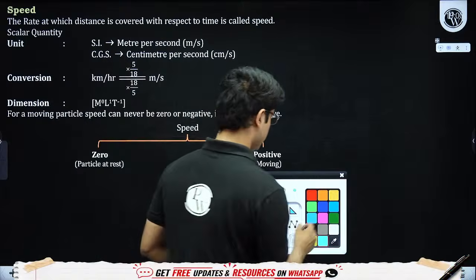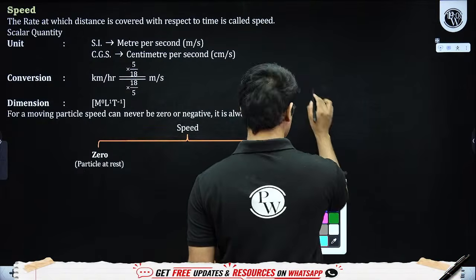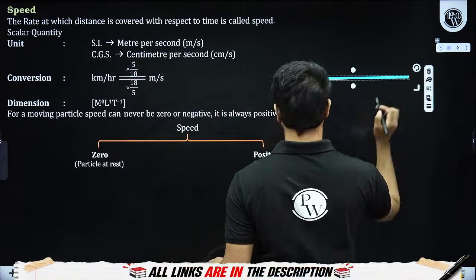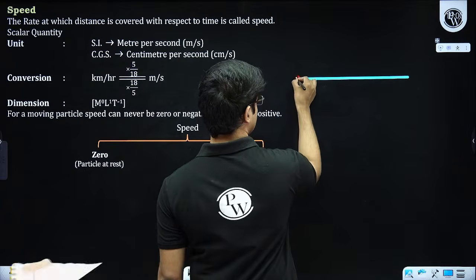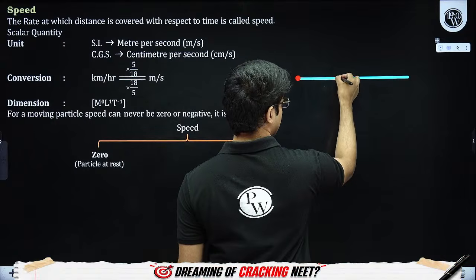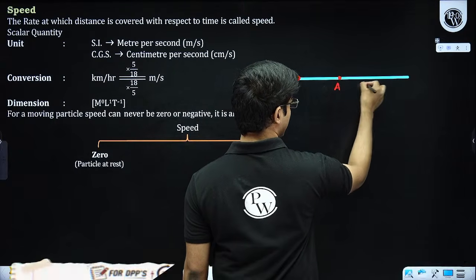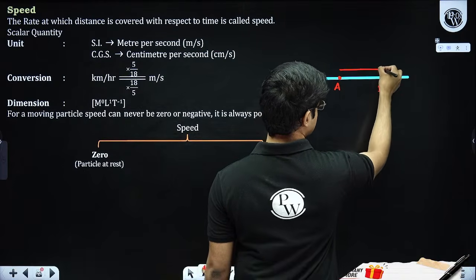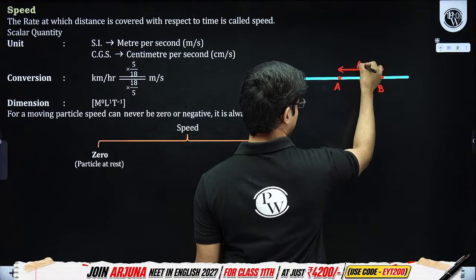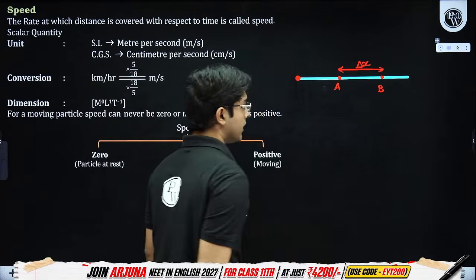So in our earlier example where we had a particle moving in the x-axis, let's say he goes from a point A to a point B, and this is some distance delta x.